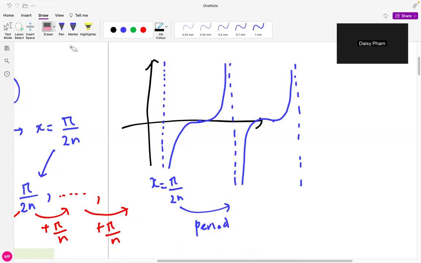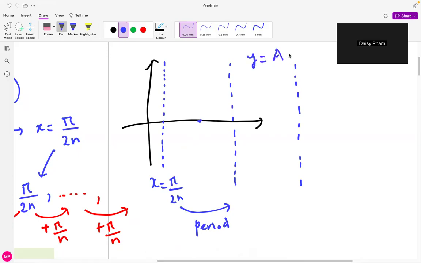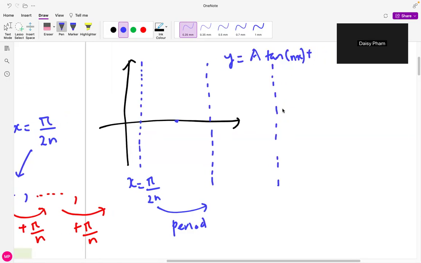Now let's say my tangent equation has a vertical translation, say y equals a times tan of nx plus b. Then the b here affects how much you move up and down for your graph, but the asymptotes stay the same. It doesn't affect the asymptotes.